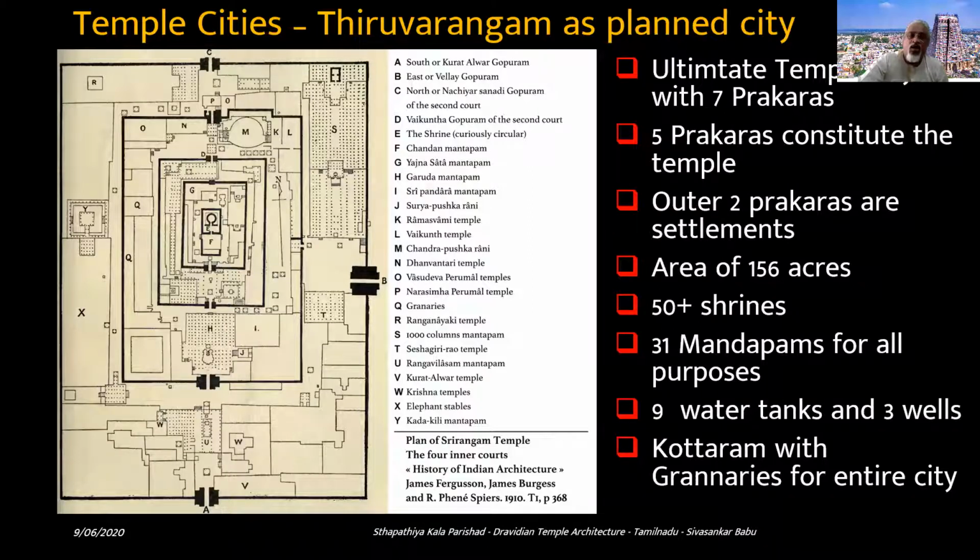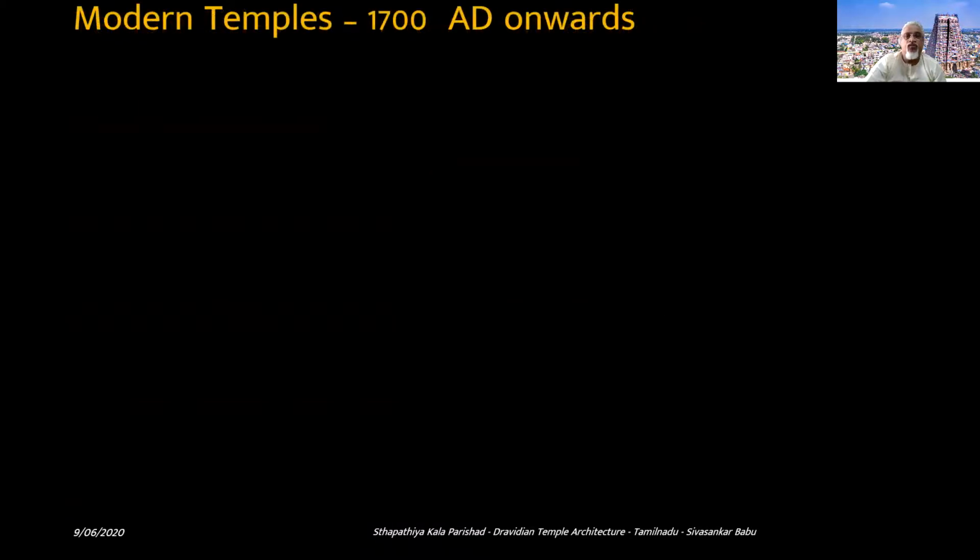So this is how a small garbhagraha or single cell temple was expanded into a grand temple city with its own support in between. Now we are seeing, after 1700, how temples are built in the current era.